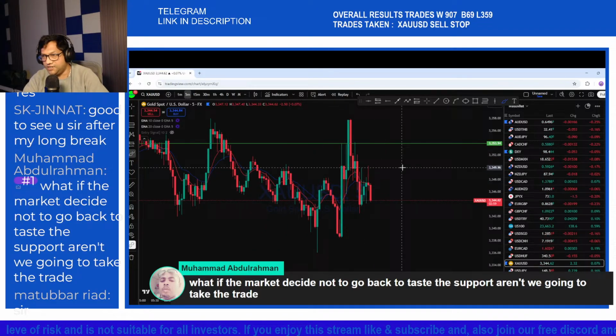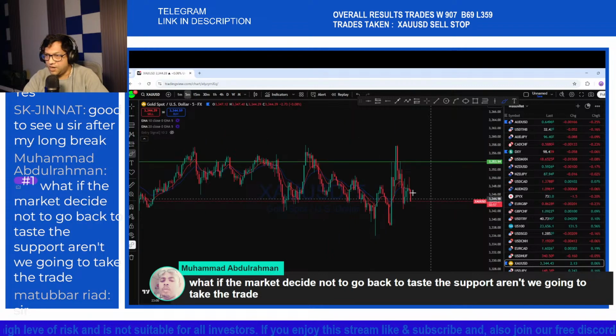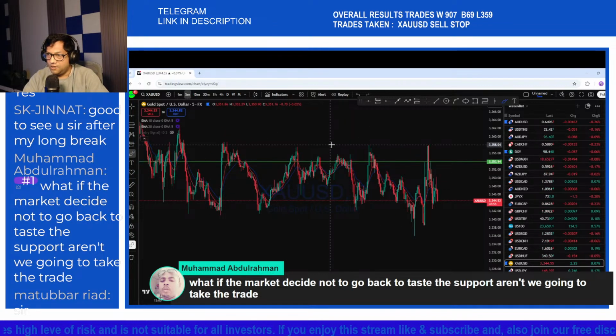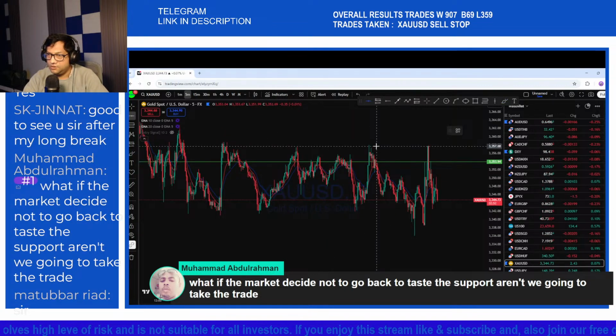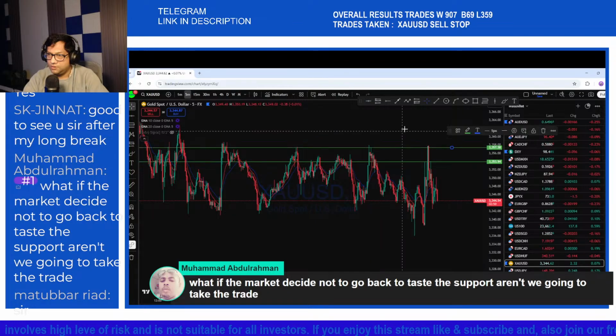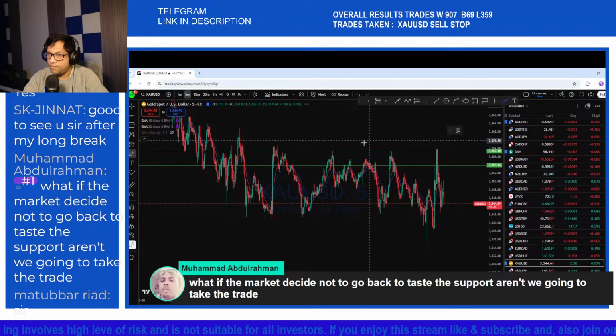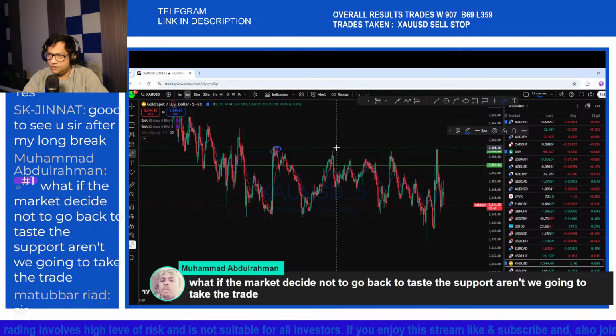Now you can see here in this market, this is resistance, resistance here, resistance here, resistance here, and also resistance here. Pretty important level of resistance.